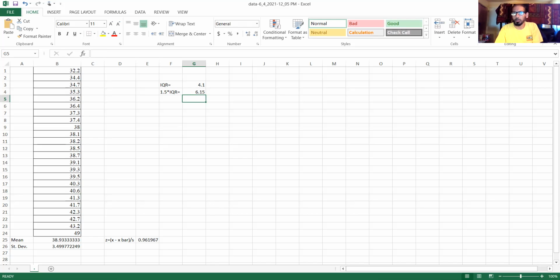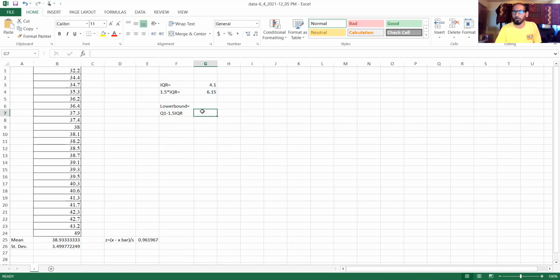Okay, quartile 1 was 36.85. So if we subtract from quartile 1 1.5 times the interquartile range, I've already done that multiplication, it's going to give us the lower bound or lower fence.